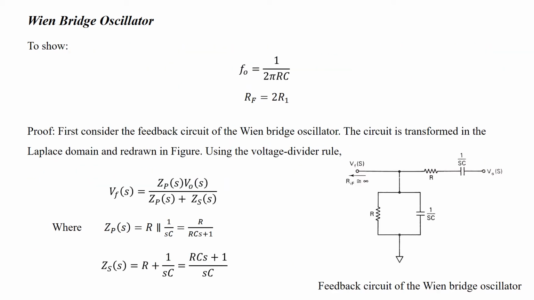Now our aim is to show that the frequency of oscillations of Wien bridge is 1 over 2 pi RC and RF is 2 R1.